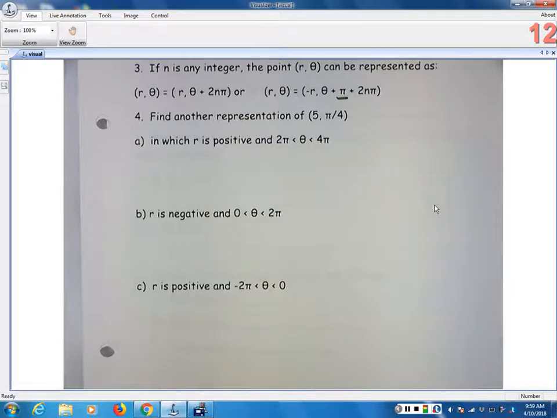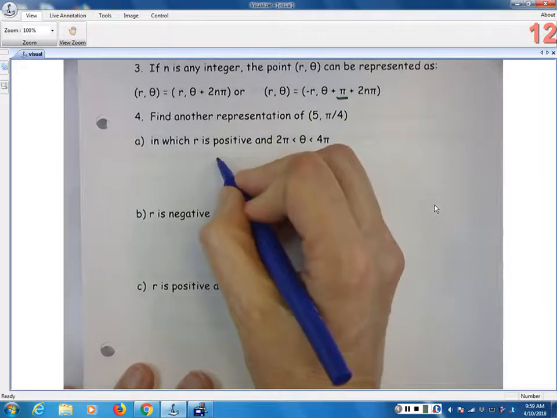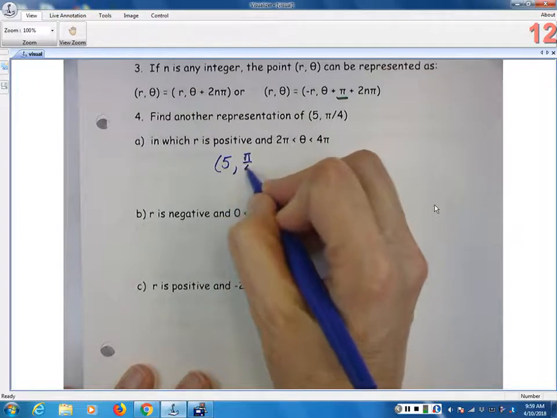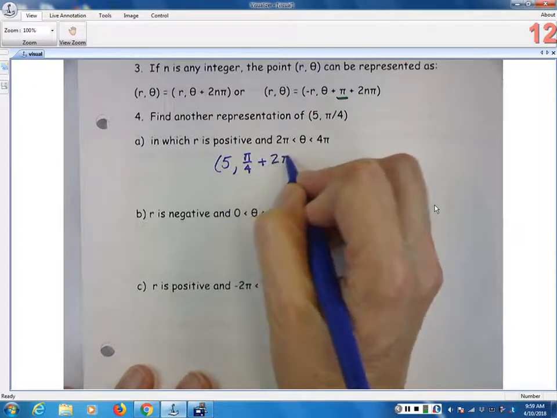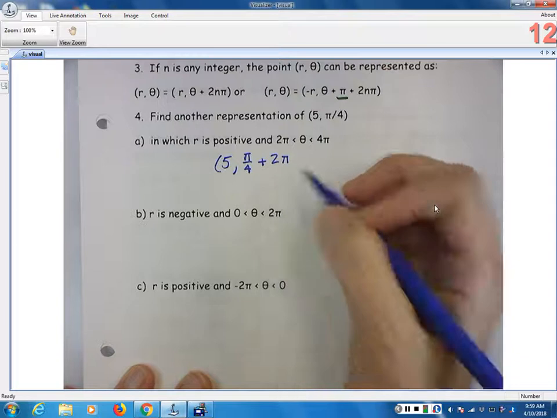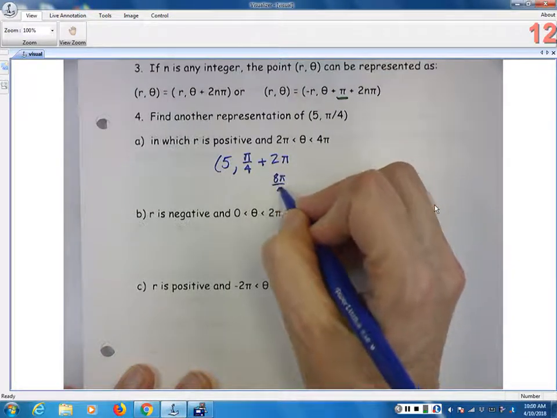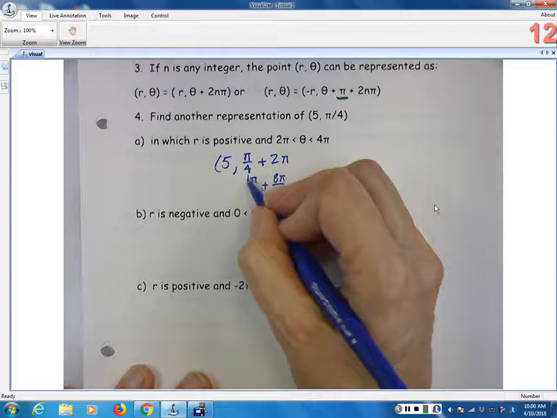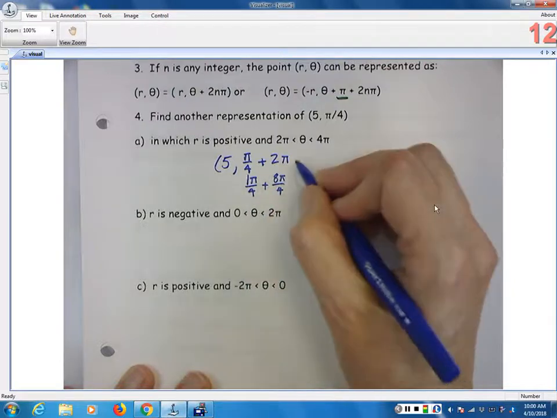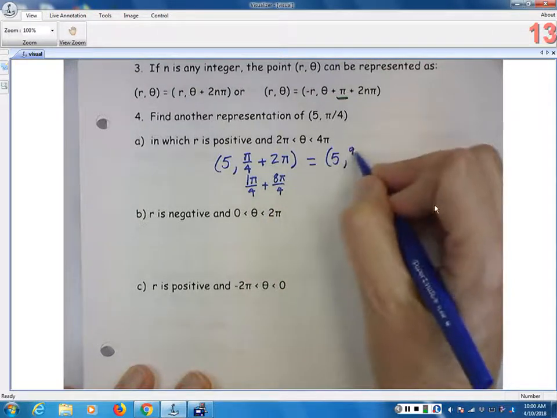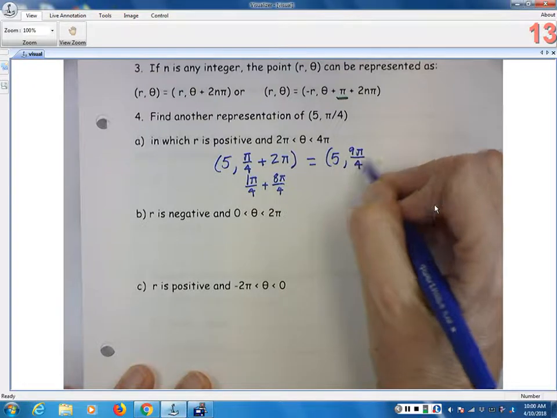So if we're keeping theta positive, it would be 5 pi over 4 plus 2 pi. Well, that's 8 pi over 4, so that's 9 pi over 4.